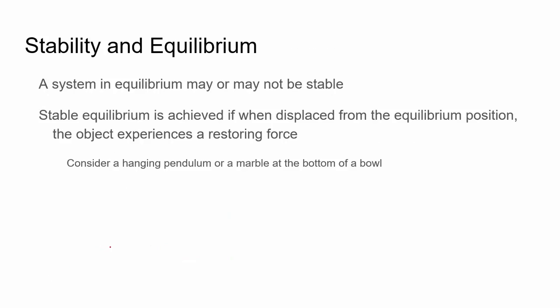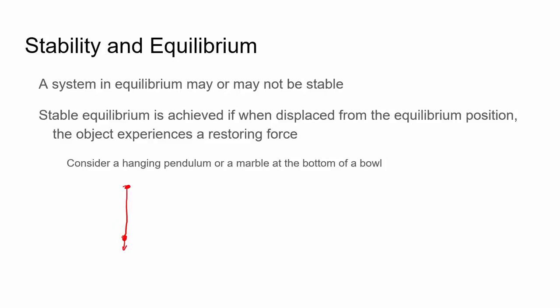Now, just because something is in equilibrium does not mean it's stable. Stability is achieved only when the center of mass is going to return to a stable position if some other force acts on it. So if you have a hanging pendulum, right, then it's fastened up here, and it's going to naturally hang down here at its lowest point.